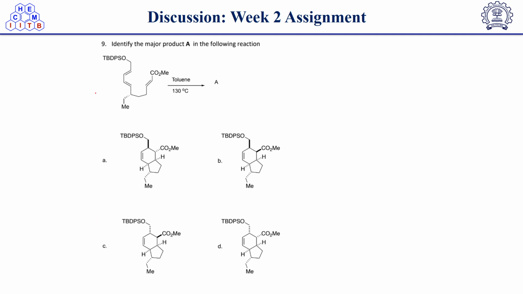Here, as we can see, this diene and this dienophile will react to give endo as the major product due to secondary orbital interaction, since this ester is present in this dienophile. As a result, we know this TBDPS group and the CO2Me will be having opposite stereochemistry. So I think we have two such options, and the difference between these two options is the stereochemistry of this group.